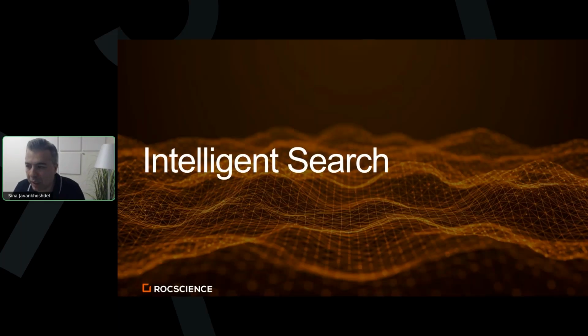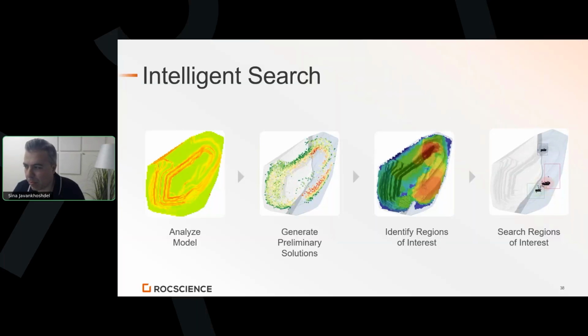We didn't stop here. We went further to an advanced technique to search for the critical slip surface. So far, we just randomly throw slip surfaces in the model and try to find the critical slip surface. But intelligent search was basically a revolution in searching for the critical slip surface.